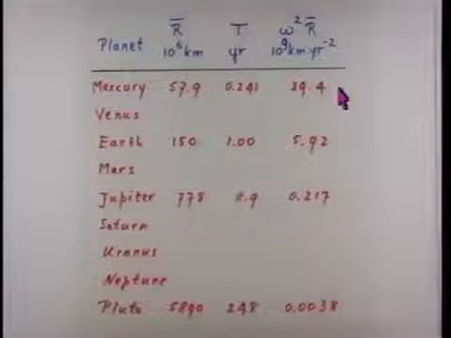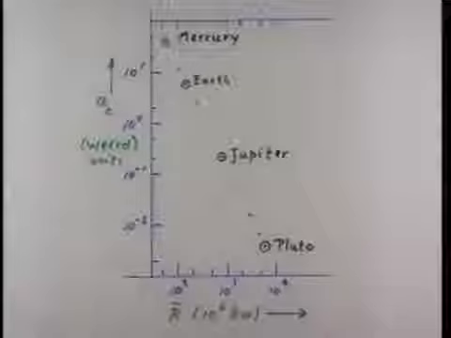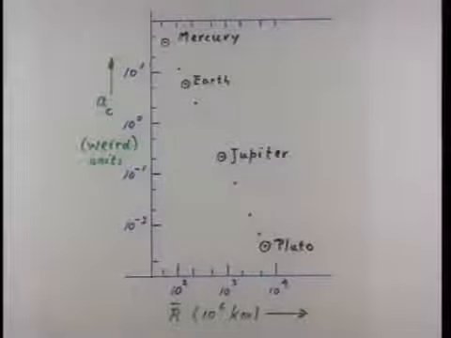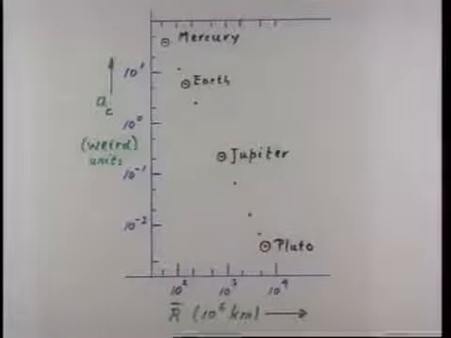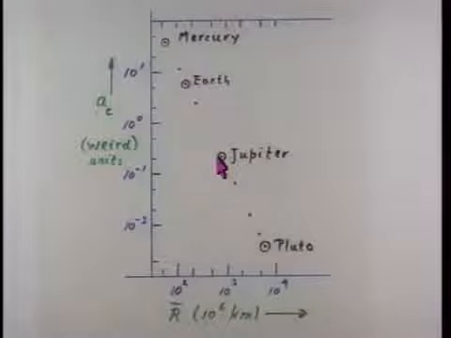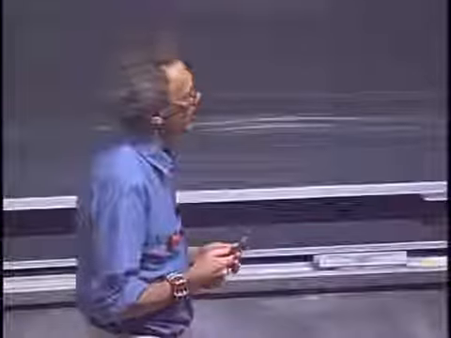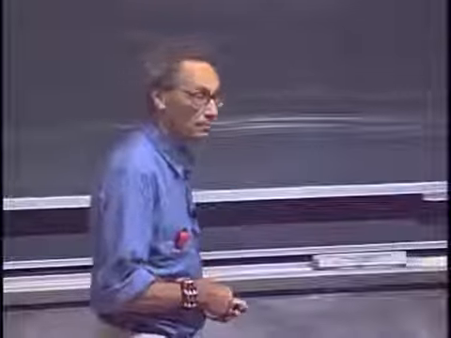So what I did was, I plotted this data, the centripetal acceleration versus the mean distance to the sun, on log paper. And what is immediately very striking is that all these points, I've done them for all the planets, fall on a straight line.